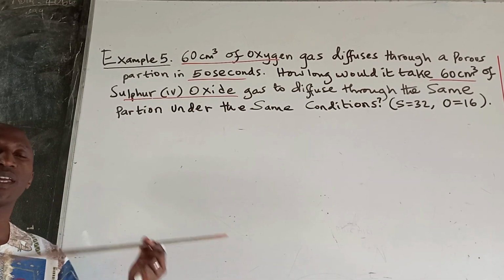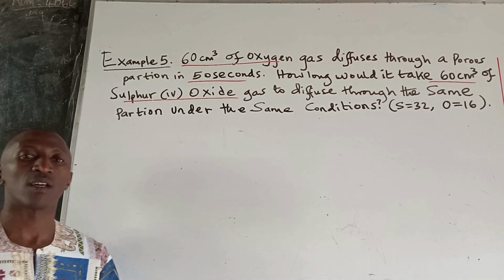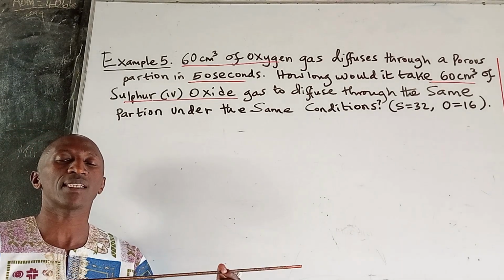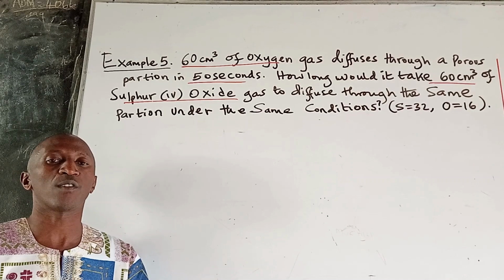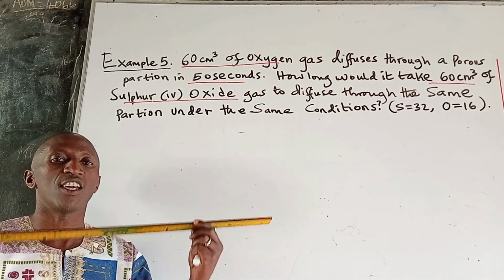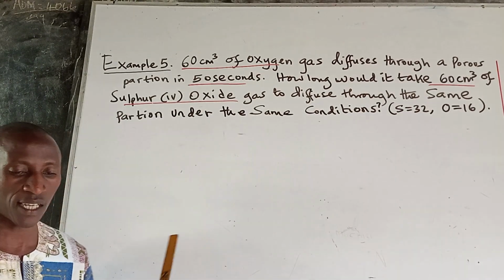So here, the question has given us a level ground. The volumes of the two different gases are the same. We compare equal volumes. So straight away, let us move on.